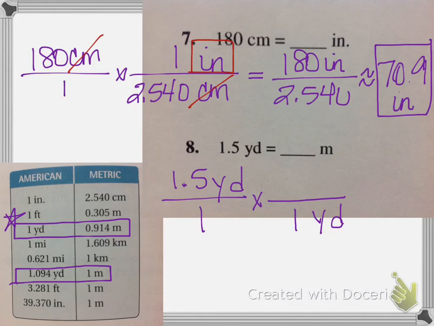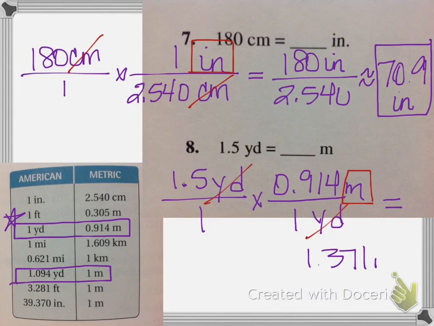So now I have 1 yard, and in my numerator I'm going to have 0.914 meters. So I'm going to cancel my yards. That leaves me with meters. And now when I do the math, I just multiply straight across. I don't have to worry about doing multiplication and division. And when I multiply straight across, I get approximately 1.371, and this is going to be meters.